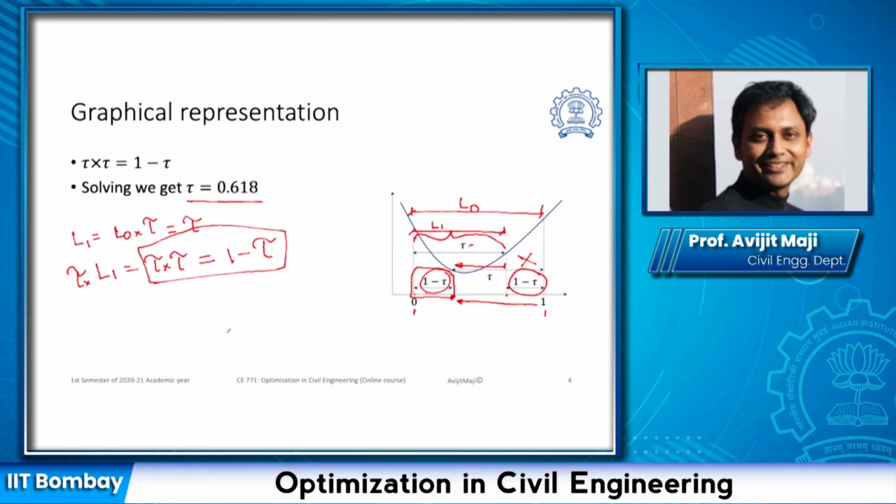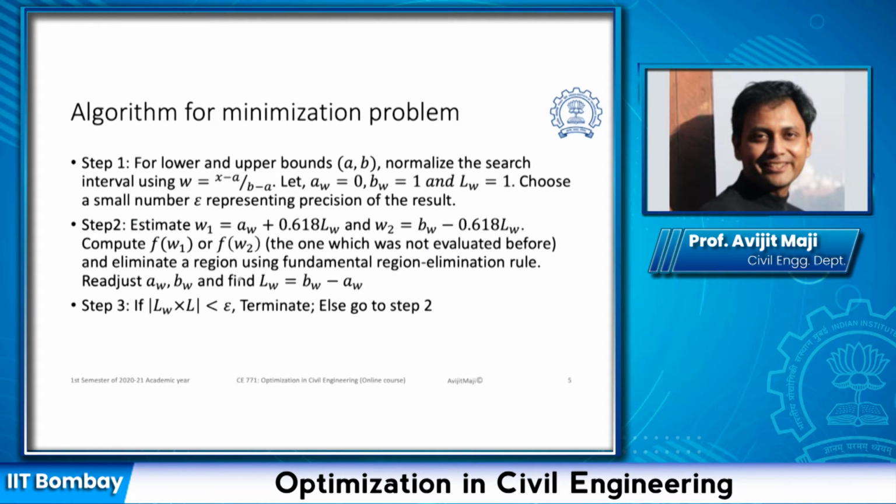So if we look into the algorithm, in the very first step we find the lower and the upper bounds, and then we normalize the search interval W using this formula, where the lower bound AW is going to be 0 and the upper bound BW is going to be 1, and in this case we get the length of the search interval as 1.